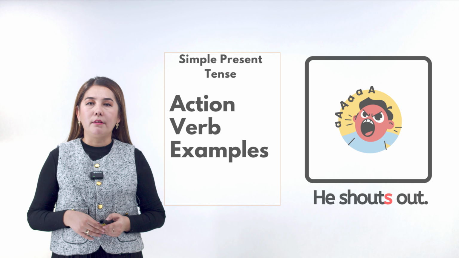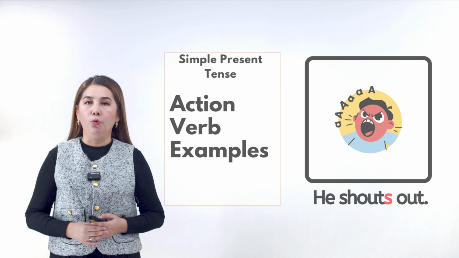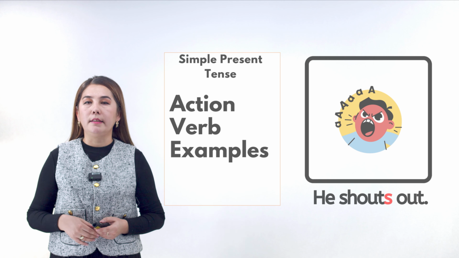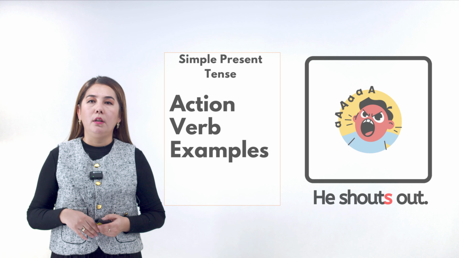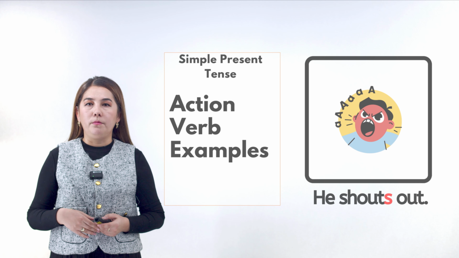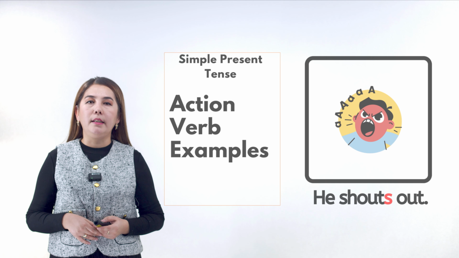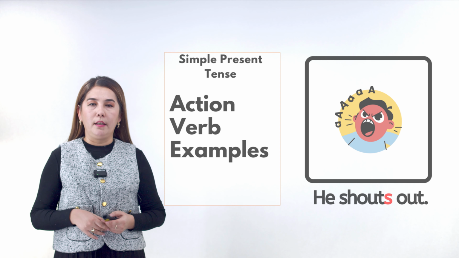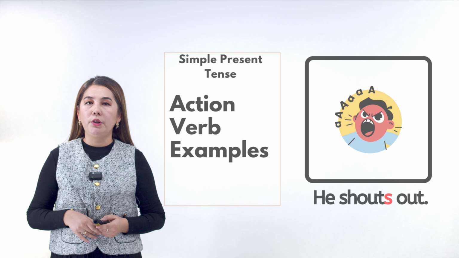What about the question form or negative form? In that case we have to take do and does. Auxiliary verbs help us in that case. In what way? For example, he shouts out. Does he shout out?